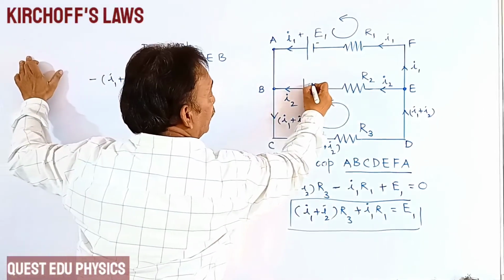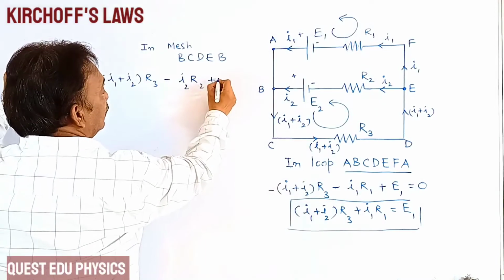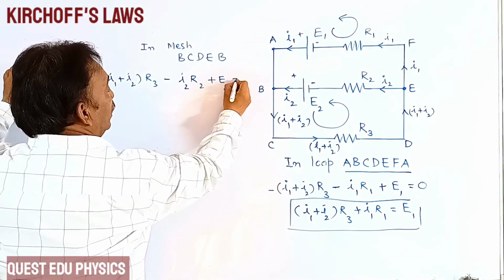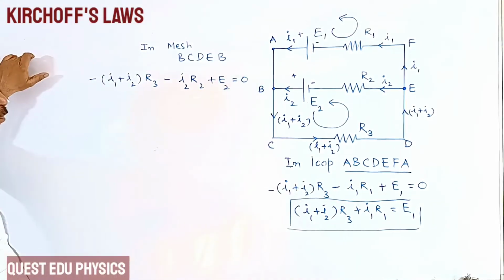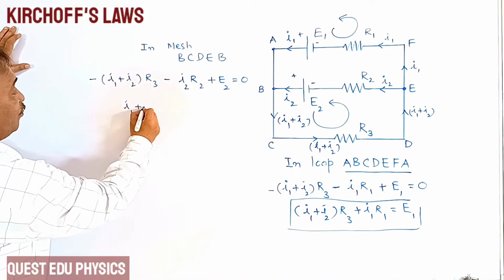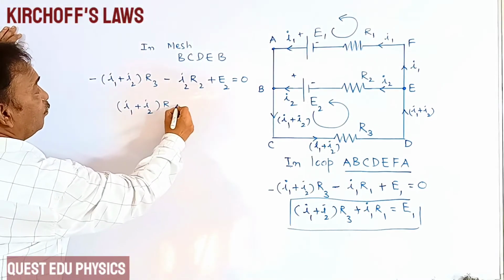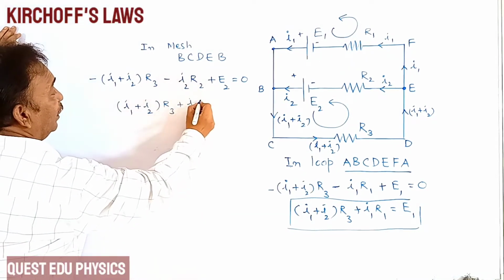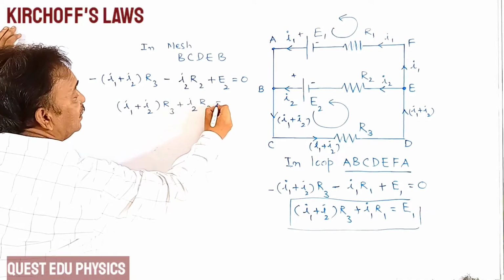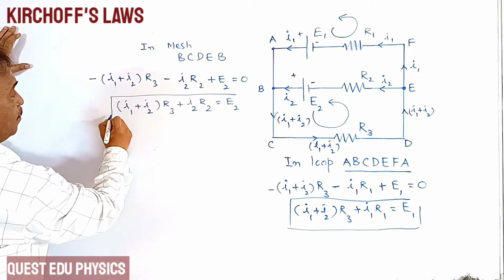Here the minus is the plus, we are raising, that's why it is taken as plus E2, equal to 0. In other words, it can be written as I1 plus I2 into R3 plus I2 R2 is equal to E2. This is the second equation.